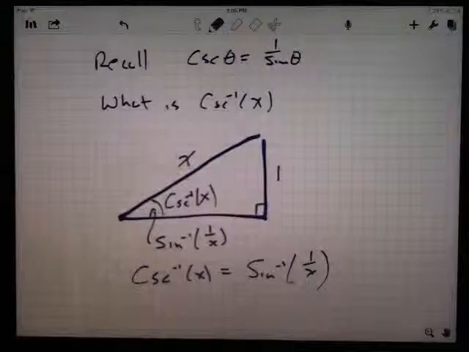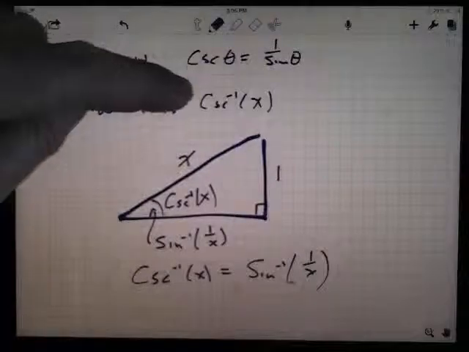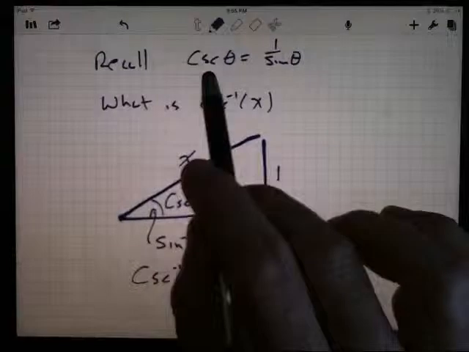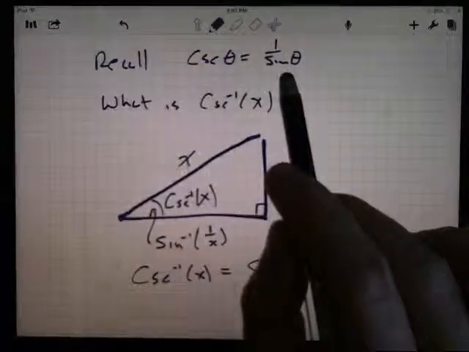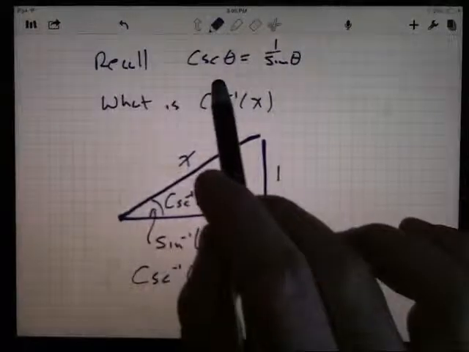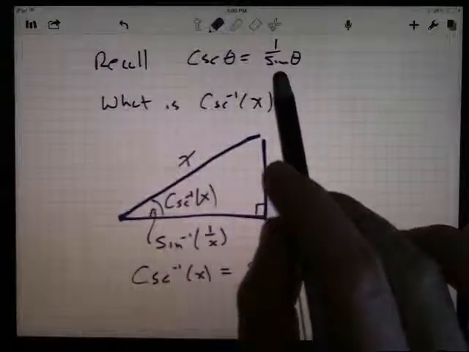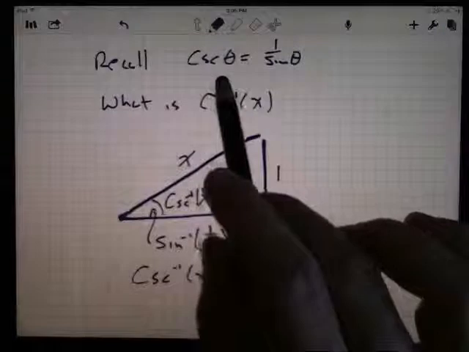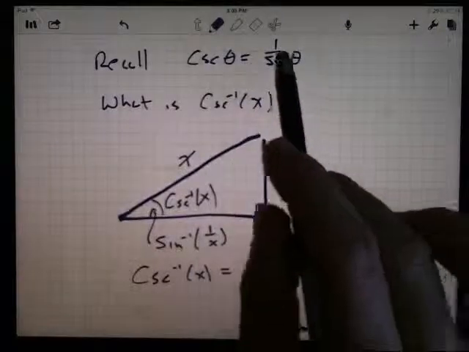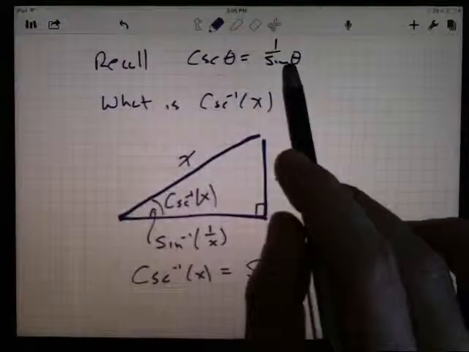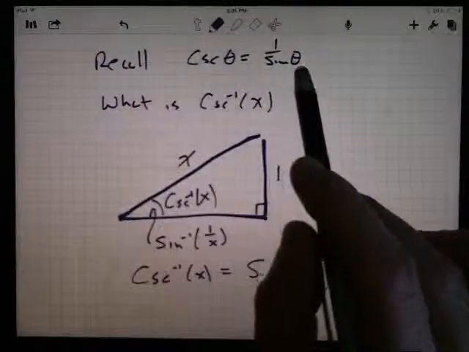Up here, there's a relationship between cosecant and sine, that the cosecant function is the reciprocal of the sine function. Remember, the output of this is a ratio of sides. The output of sine is a ratio of sides, and I'm saying those ratios are reciprocals of each other.